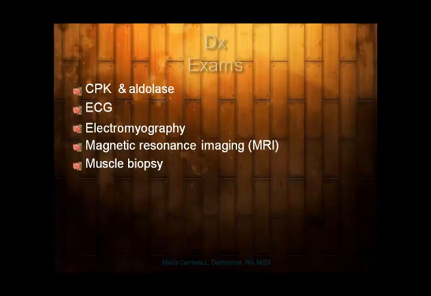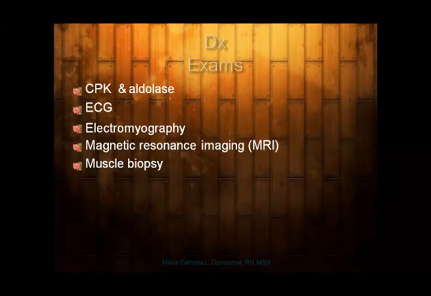Okay, so differential diagnosis, again, you will make a diagnosis of a patient with polymyositis with skin manifestation. That is most likely a case of dermatomyositis. And you will check for muscle inflammation, CPK level. You will do the ECG, check for any cardiac conduction defects or other clinical manifestation, and electromyography, muscle MRI, and muscle biopsy.